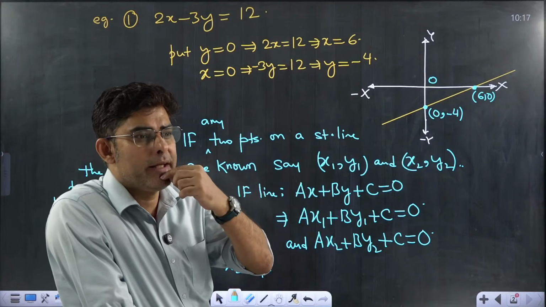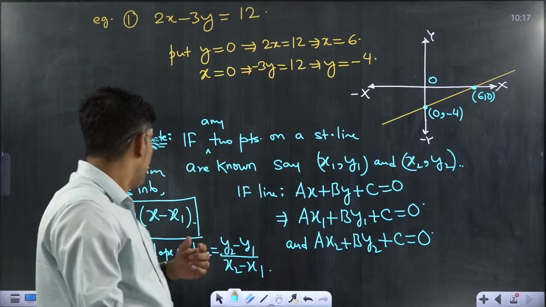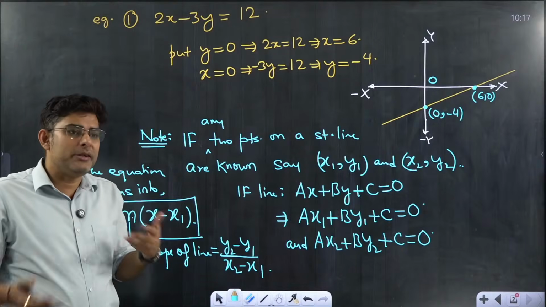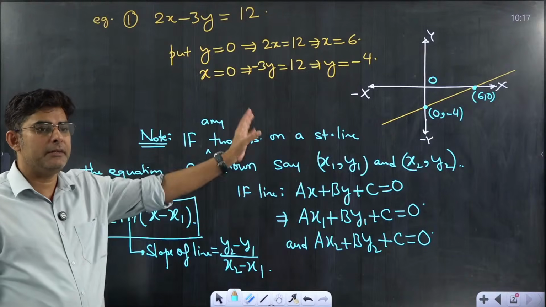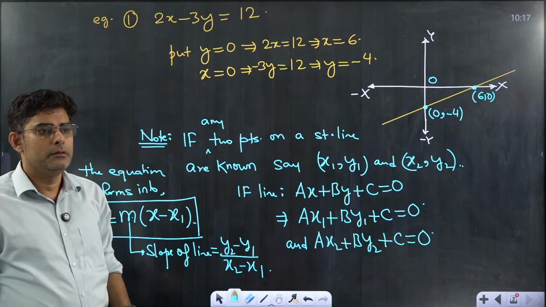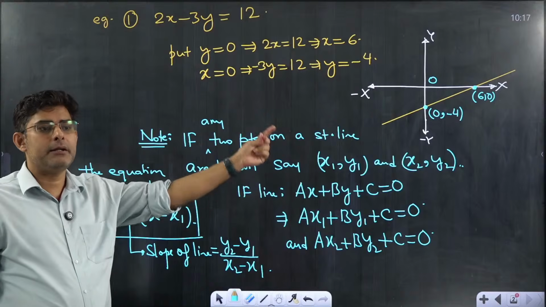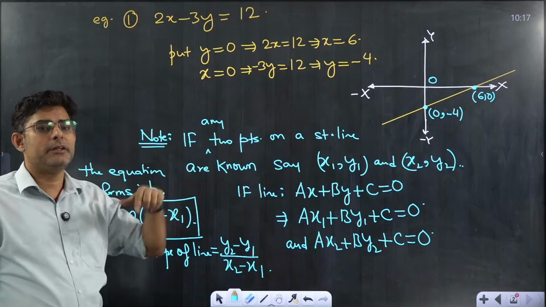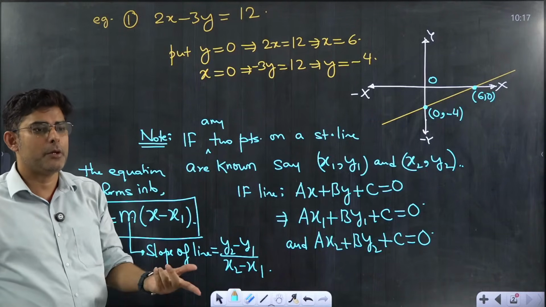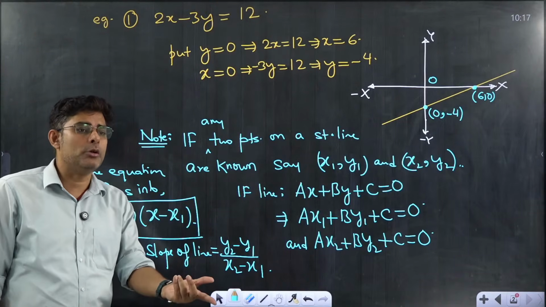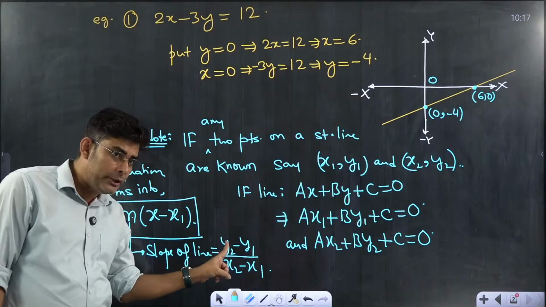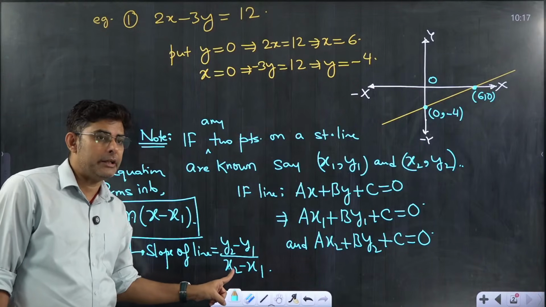Someone is saying, sir, should x be x2 and y should be y2? Beta, x2, y2 is up to us. Suppose there are 2 people, one is A, one is B. Now it is up to me. If I take one as A, the other one is B. If I say the first one is B, the other one is A. What is the problem in that? So if I take any point, I can take it as y2. Then if you have written y2 in the numerator, x2 you have to write in the denominator.